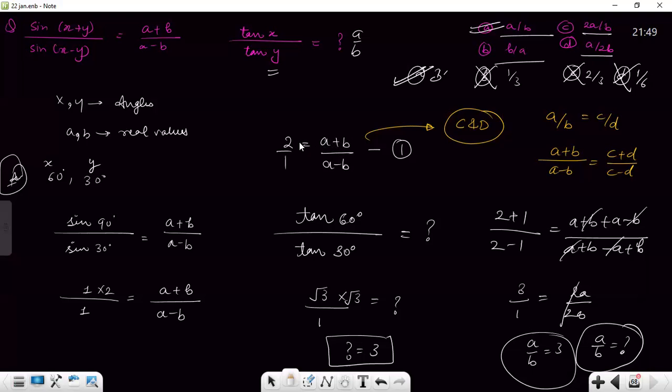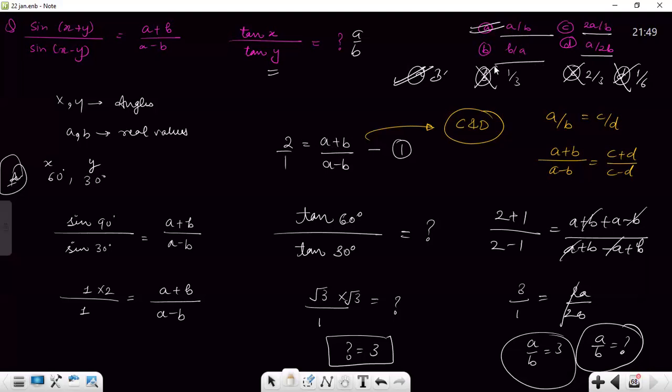This will happen most of the times if you have assumed your variables correctly. Sometimes it may happen that two options, like here a by b and b by a, after substituting the value of a and b, may have the same value.